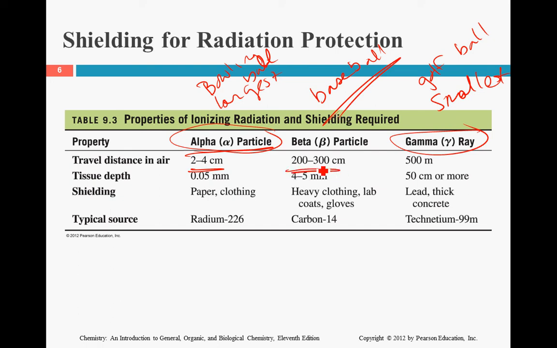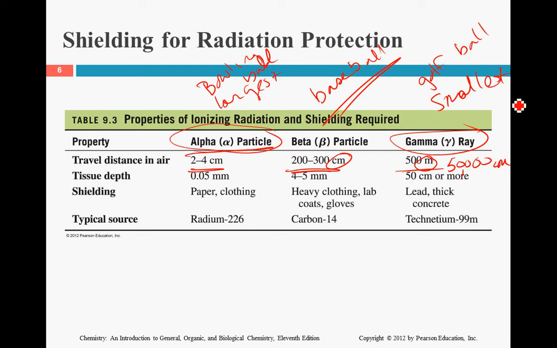It can go 200 to 300 centimeters. And then a golf ball being the smallest is the easiest to travel. Like the gamma rays, it goes 500 meters. Notice the difference in meters, centimeters to meters. That's a huge difference. So if we put this into centimeters terms, 50,000 centimeters. Notice that leap. And it's all because of the changes in size.